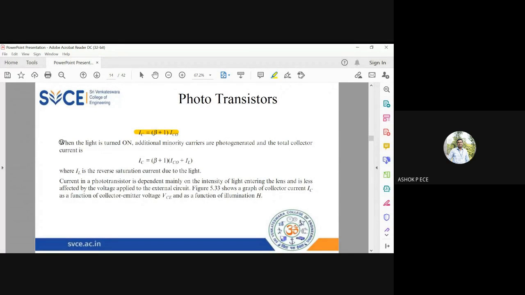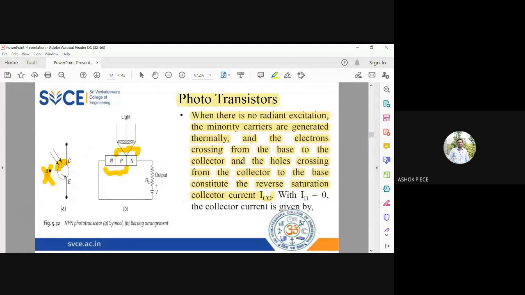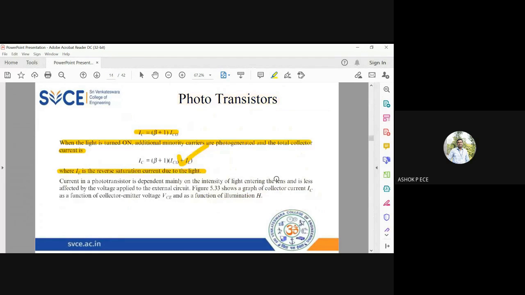When I give light, the additional photo current is produced, and that is given by IC equal to (beta plus 1) into IC naught plus IL. IL is the reverse saturation current produced because of light, because of the light intensity which is radiated on the collector base junction. So when you don't show light, you have a reverse leakage current, or you can call it dark current, given by IC equal to (1 plus beta) into IC naught.